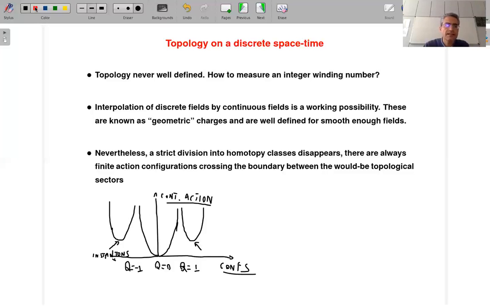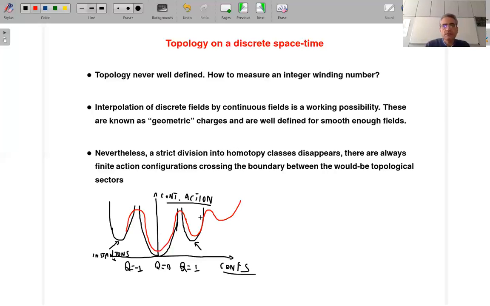When you are on the lattice, such barriers disappear, even if you manage to define a sort of interpolation of your fields by such geometric charges, and you can continuously move from one sector to the other. So the red picture is what you expect to have on the lattice. You can have a continuous crossing between different topological sectors, even if you define such sectors by an interpolation.